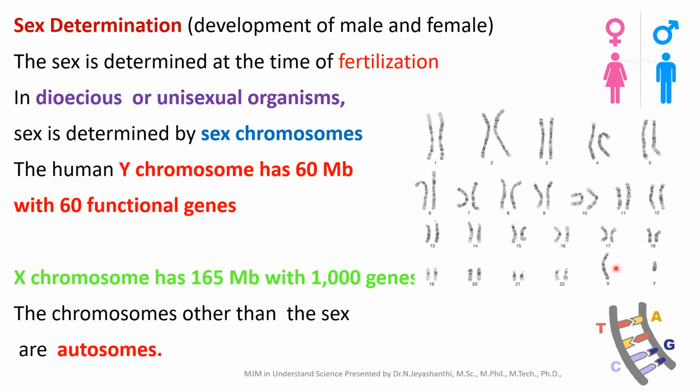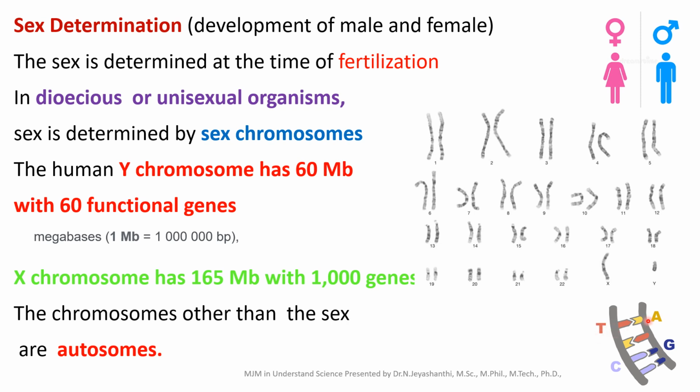In human beings, X chromosome and Y chromosome are the sex chromosomes. Y chromosome has 60 megabases with 60 functional genes. What is meant by megabases? 1 megabase is equal to 10 lakh base pairs. What is meant by base pairs? Thymine base pairs with adenine.